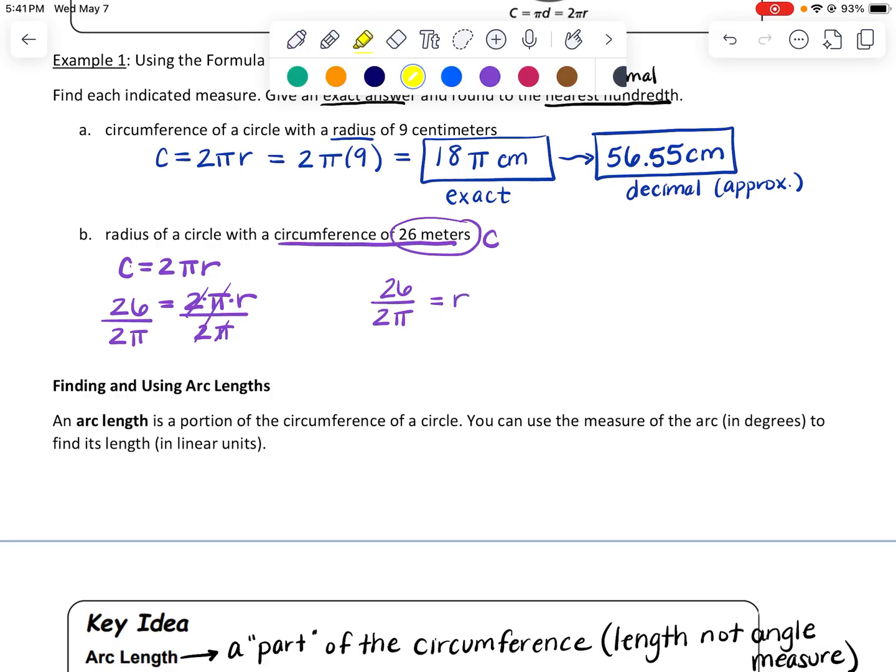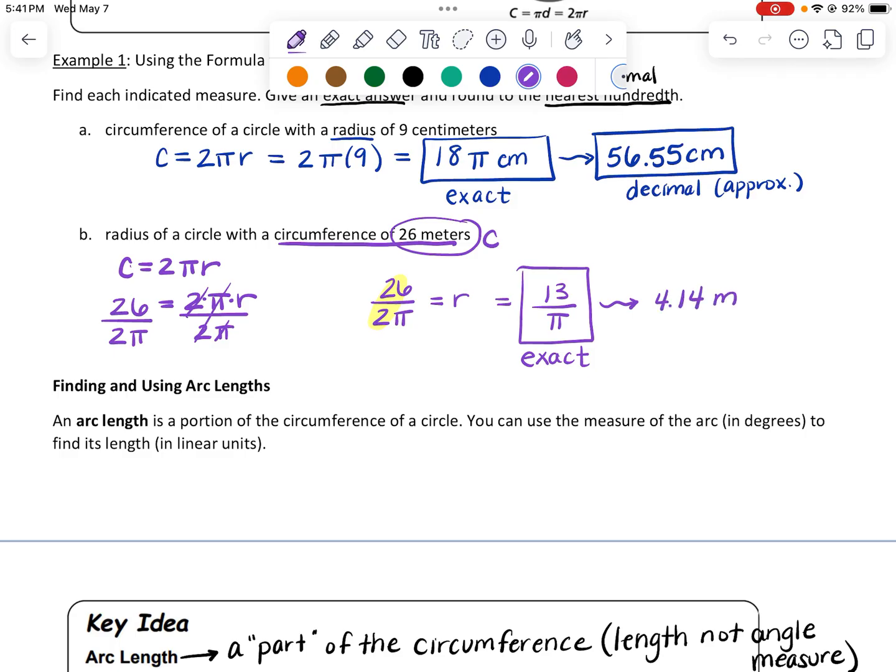And then we have to look. So in exact form, I can reduce 26 divided by 2. So exact form, the radius would be 13 over pi. That's your exact answer. And then I can plug that in my calculator and we get 4.14.